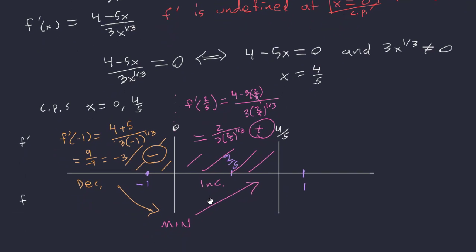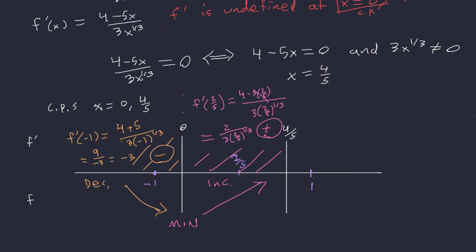Okay, great. And now we're going to plug in 1. Thankfully, much easier than the 2/5. So f prime of 1 is 4 minus 5 all over 3 times 1 to the 1/3.